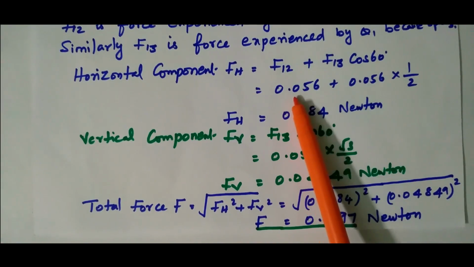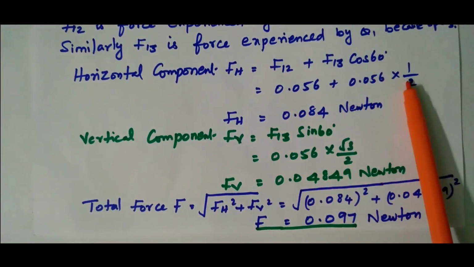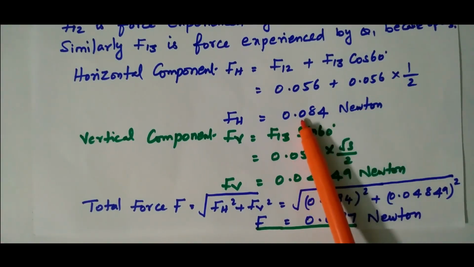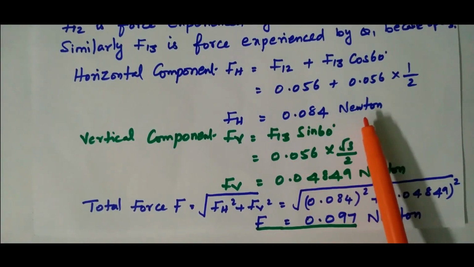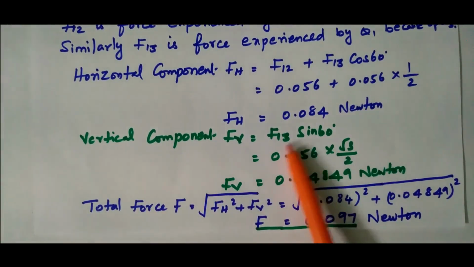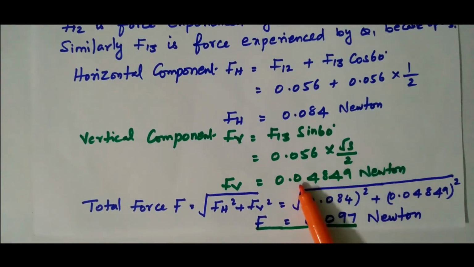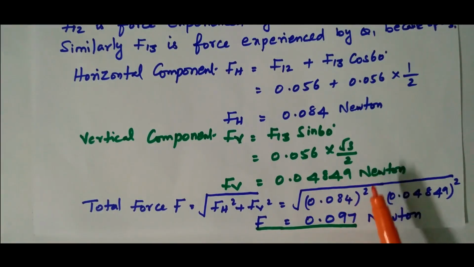We can substitute 0.056 plus 0.056 into cos 60, which is 1 by 2. So it will be 0.084 Newton, the horizontal component. What is the vertical component? F13 sin theta, 0.056 into sin 60, which is root 3 by 2. So it is 0.04849 Newton.